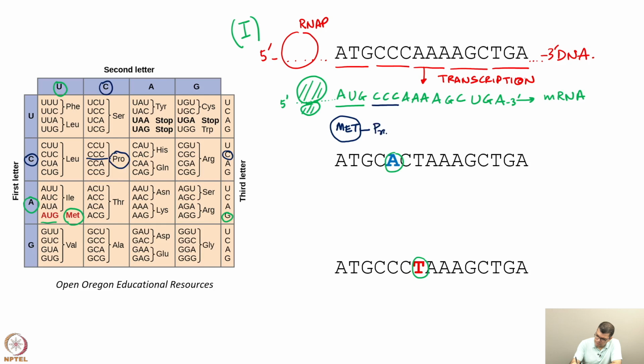So, this proline is linked with methionine and we move to the next triplet, which is AAA. This is A and the third A, which is this. So, the third amino acid is lysine.